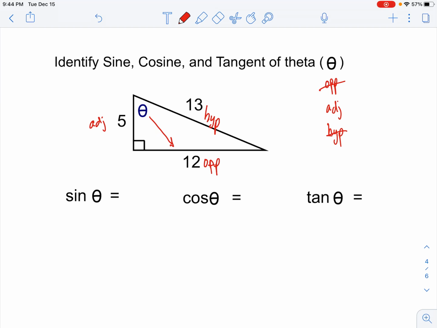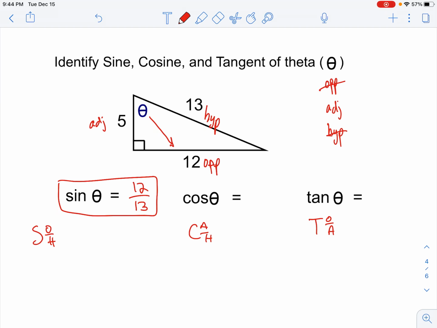Okay, if you recall back to when we first started, we did SOHCAHTOA. That means that sine is opposite over hypotenuse, so the opposite is 12 and the hypotenuse is 13. So the sine of theta is just 12 over 13. It's just a fraction. Whenever you talk about the sine or cosine or tangent, you're talking about a ratio or a fraction.